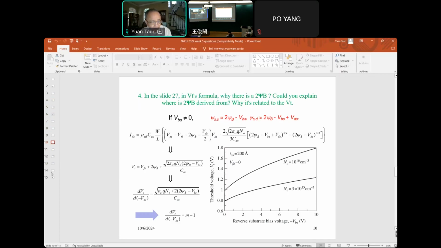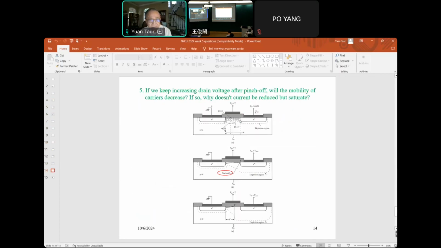Okay. The last question is about the pinch off, beyond pinch off. If you increase the drain voltage, will the mobility decrease? If so, why would the current be reduced but saturate?